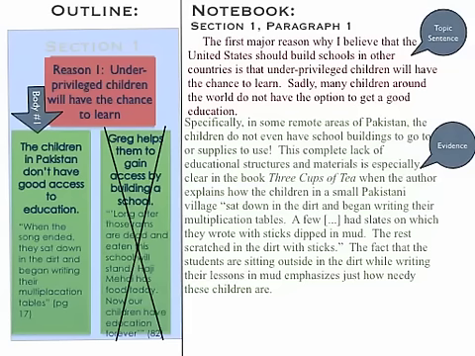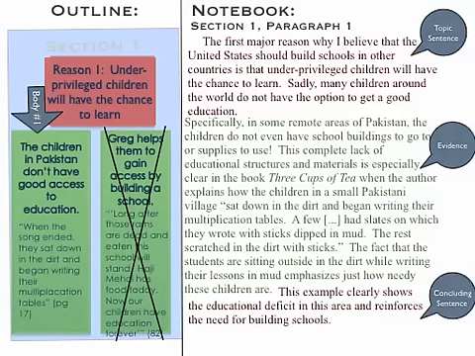Now I'm done with my evidence. So the final piece, if I look back, is a concluding sentence. This example clearly shows the educational deficit in this area and reinforces the need for building schools. There. I've basically said what I proved in my paragraph.